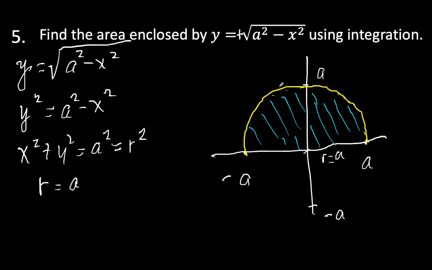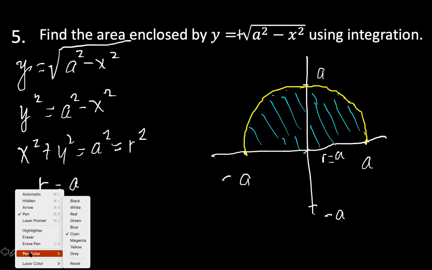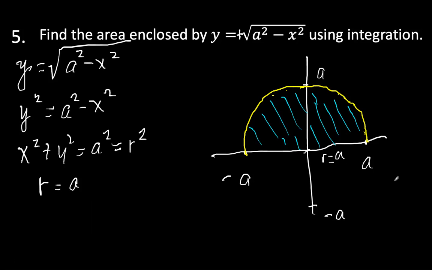Now, with the use of the integral, or integration, we can find the area of this. Let's consider a vertical rectangular strip. Let's use another color. There we go. We're going to use this vertical rectangular strip as our basis in finding the area of this shaded region.